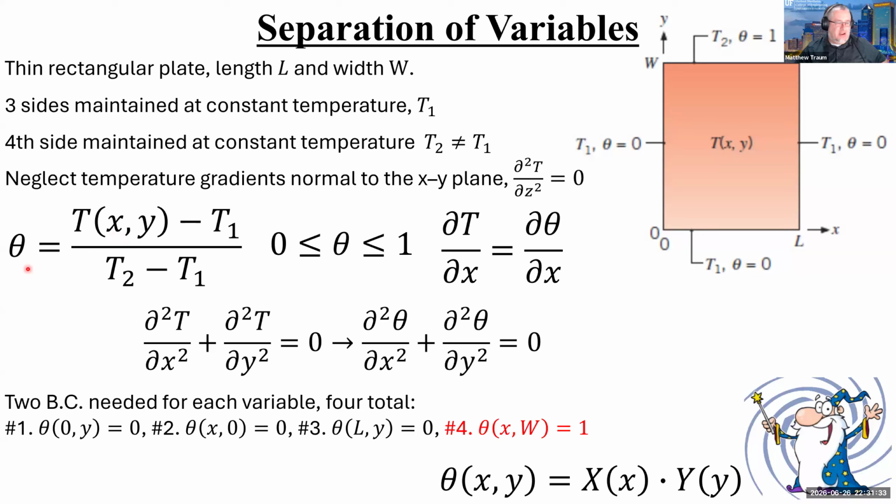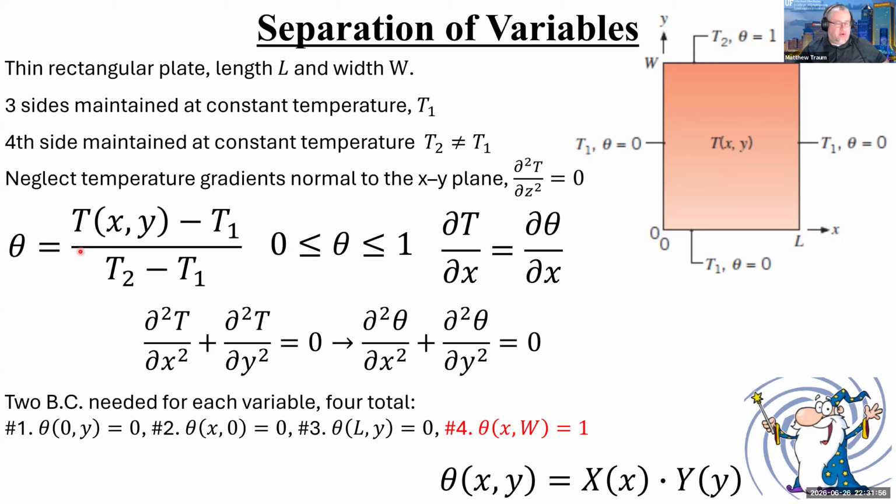We're going to define this thing called theta. And theta is just a ratio of temperature differences. So in the numerator, it's the temperature of any spot on this plate, T(x,y), the temperature field, minus T1, which is the lower of the two temperatures. So the temperature here, and there, is T1.